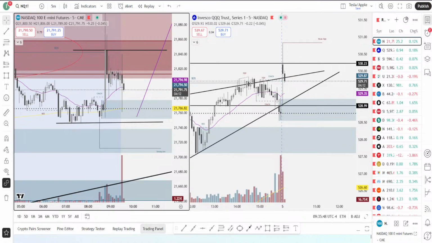I will say SPY's looking a lot more bearish than the Qs. SPY definitely looking more bearish than the Qs here.